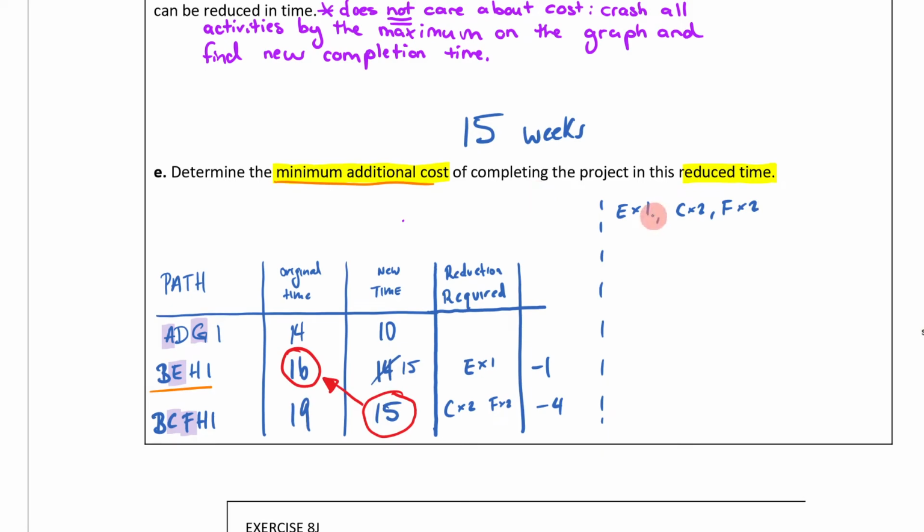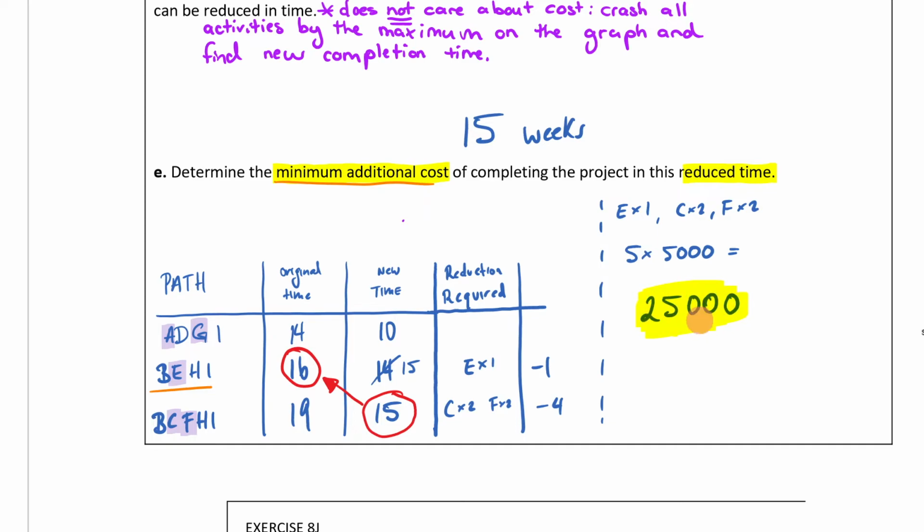So overall, I've got 5 weeks here: 2, 4, 5. So it's going to be 5 times 5,000, which is equal to, no, 25,000, isn't it? Don't mess that up. Imagine if you got all this way and you messed that up. 25,000 will be my answer. 5 times 5,000 is 25,000. And that's going to be my answer.